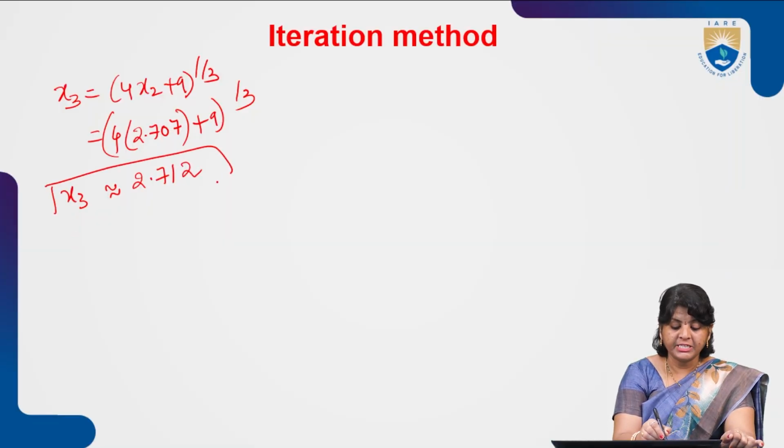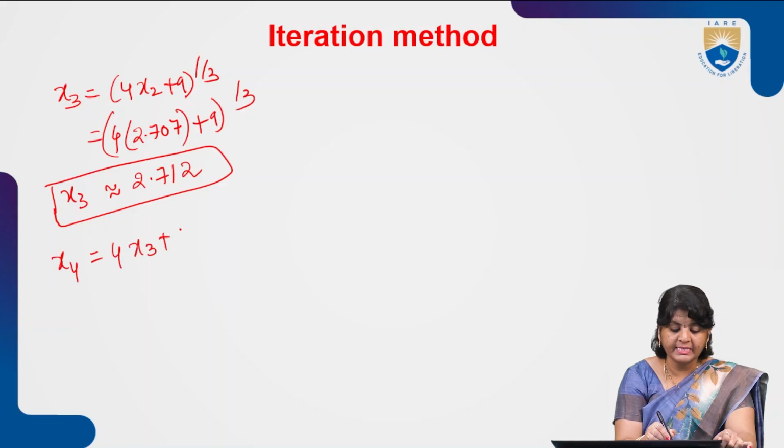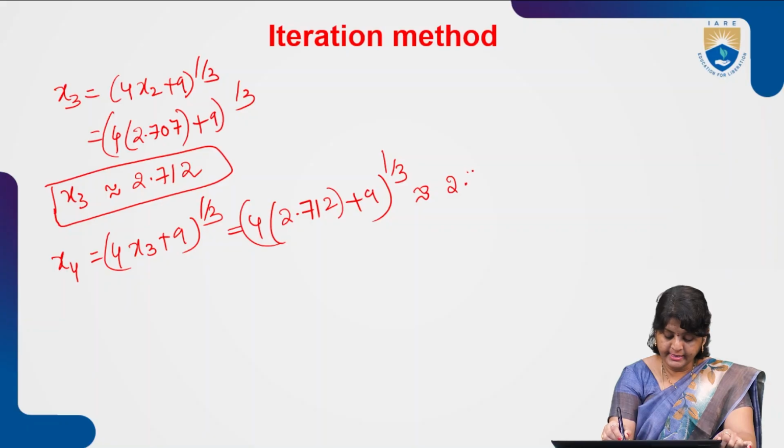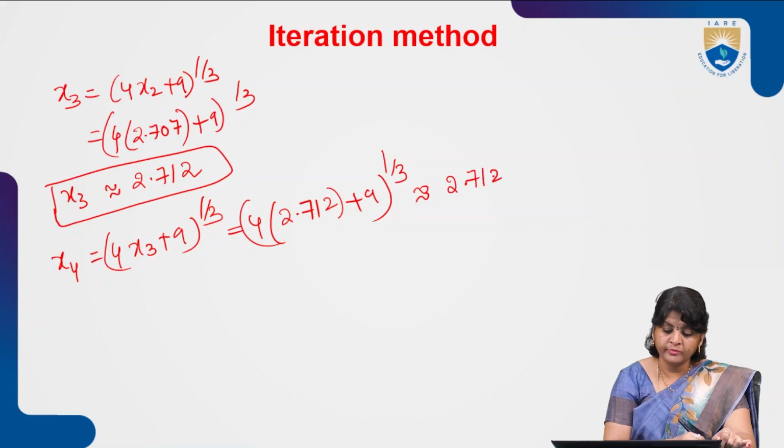This is the third iteration. And the fourth iteration, x4 is equal to (4 into x3 plus 9) whole power 1 by 3, which is equal to 4 into 2.712 plus 9 whole power 1 by 3. Which is approximately equal to 2.712.